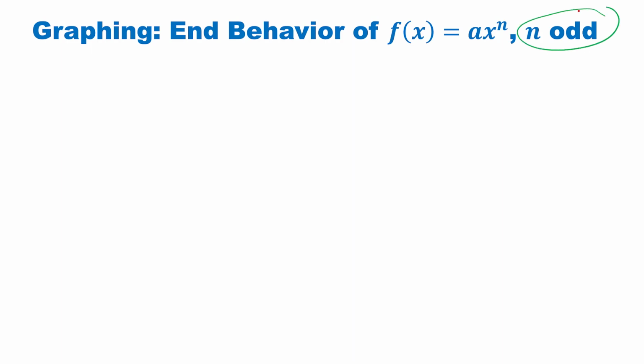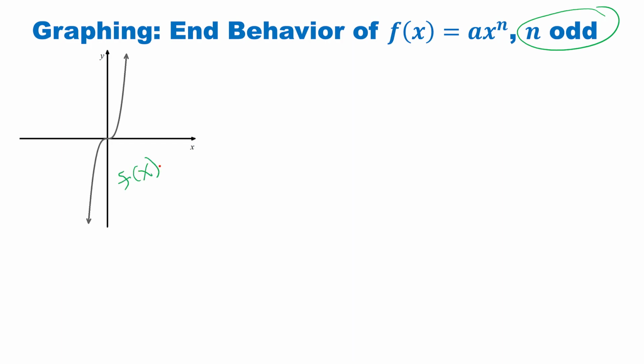and n is odd, let's look at a graph of f of x equals x cubed. Here we note that a, which would be 1 here, is greater than 0. Let's look at the end behavior. So as we go to the left, our graph goes down. As we go to the right, our graph goes up.